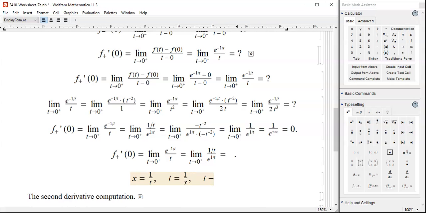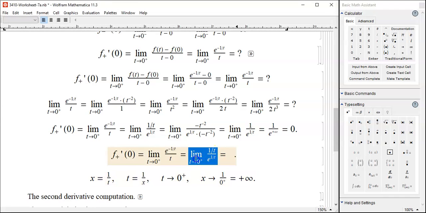And as t goes to 0 plus, x is going to, let's see, 1 over 0 plus, and what is this? That's positive infinity.